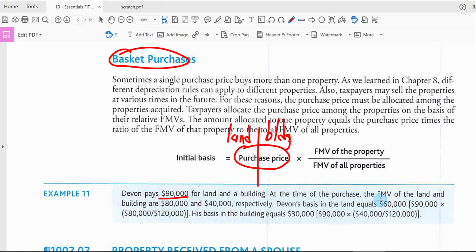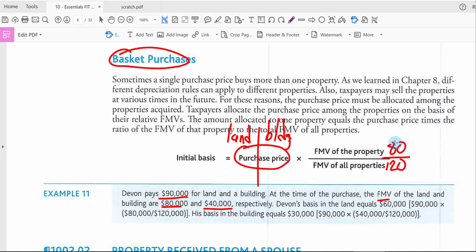So we determine the so-called fair market value of each item. We're told the land is worth 80 and the building is worth 40. So total 120, which is kind of unusual, right? You would think you would pay 120 if the value is 120. But again, we're just using these figures. So in this denominator here, we use 120,000. And in the numerator, for each item, one at a time, here would be the land.